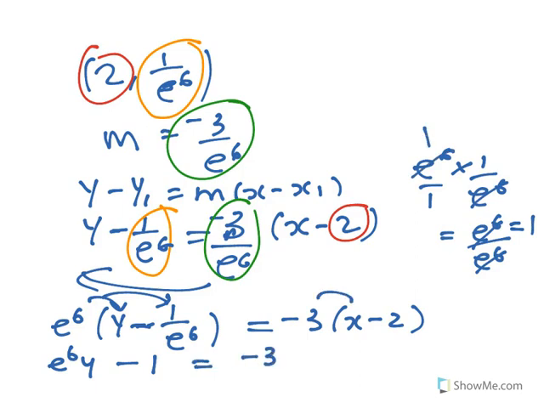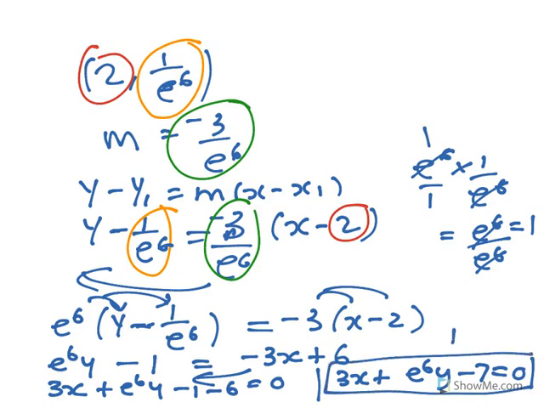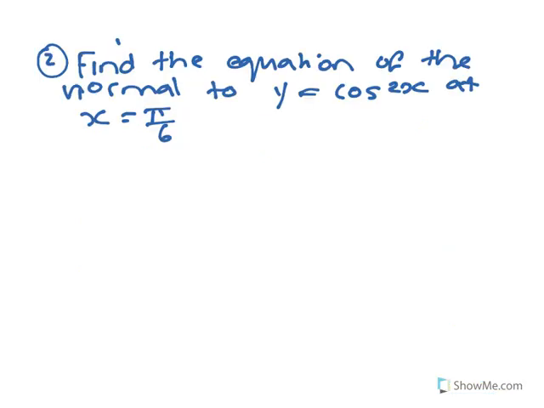Equals the other ones, minus 3x, and then plus 6. So if you bring it all to one side, you get 3x plus e to the 6 y minus 1 minus 6 equals 0, which is 3x plus e to the 6 y minus 7 equals 0. And that's the equation of the tangent.